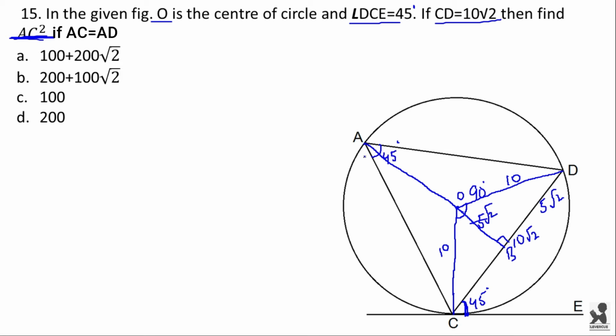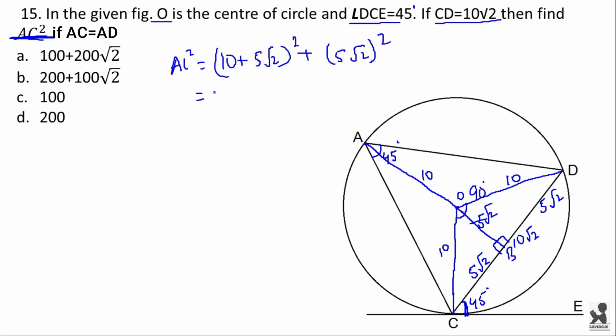Now the length of the radius is 10 centimeters, and BC is also equal to 5 root 2. So triangle ABC is a right angle triangle at point B. So AC is the hypotenuse over here. Now AC square is equal to (10 plus 5 root 2) whole square plus (5 root 2) square.